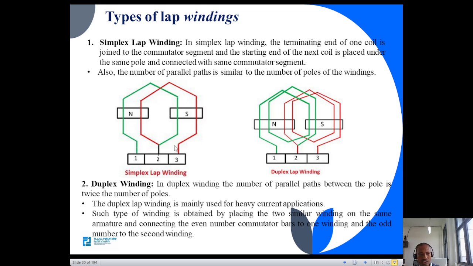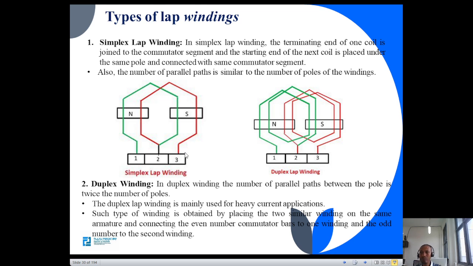If you see this winding, if one coil starts from segment 1 and ends at segment 2, the next coil starts from the next commutator segment, is connected to segment 2, and continues on to the next segment.